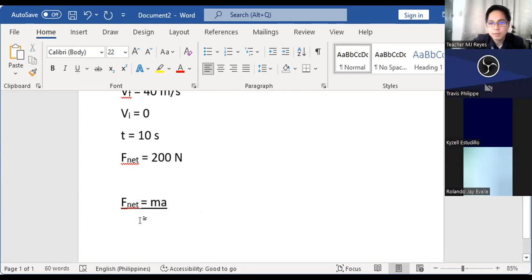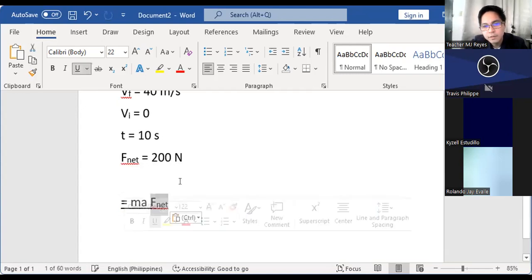So, okay everybody, since we need mass here, we will just switch the places of the mass and the force. Yes, we just transfer it.